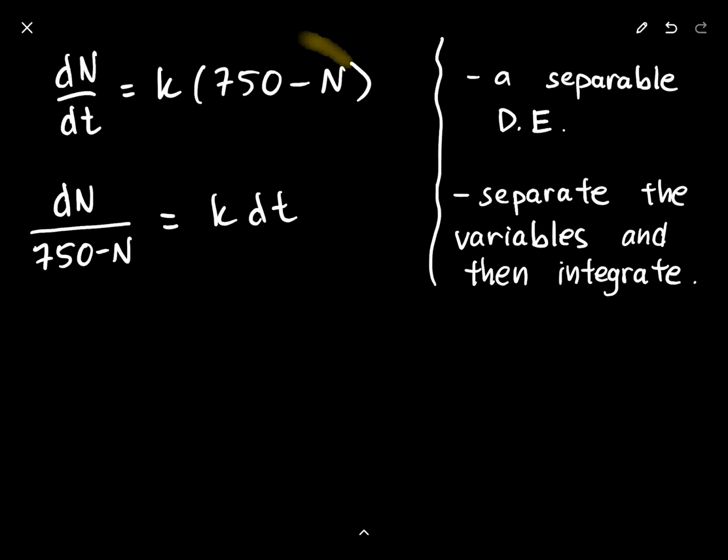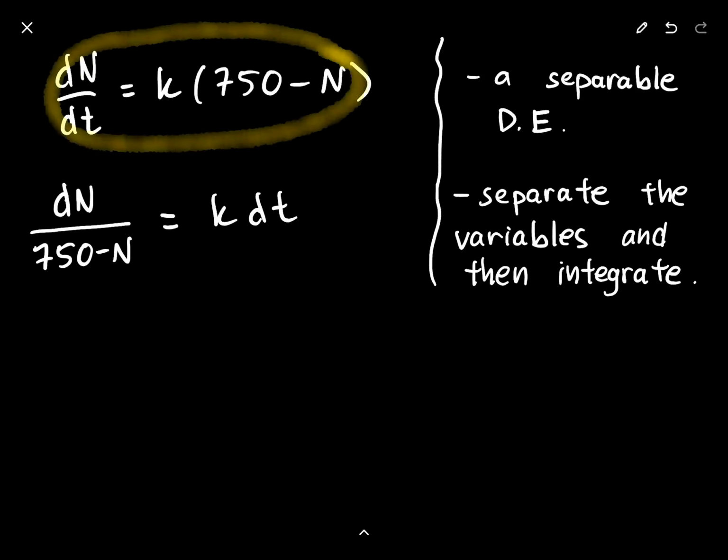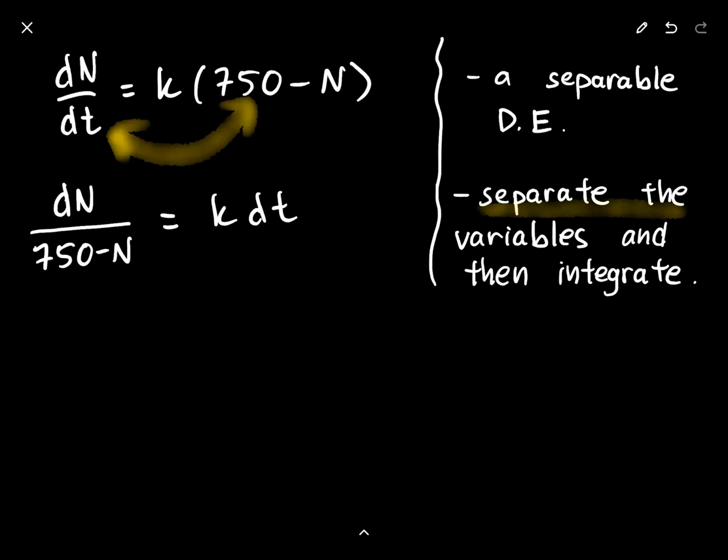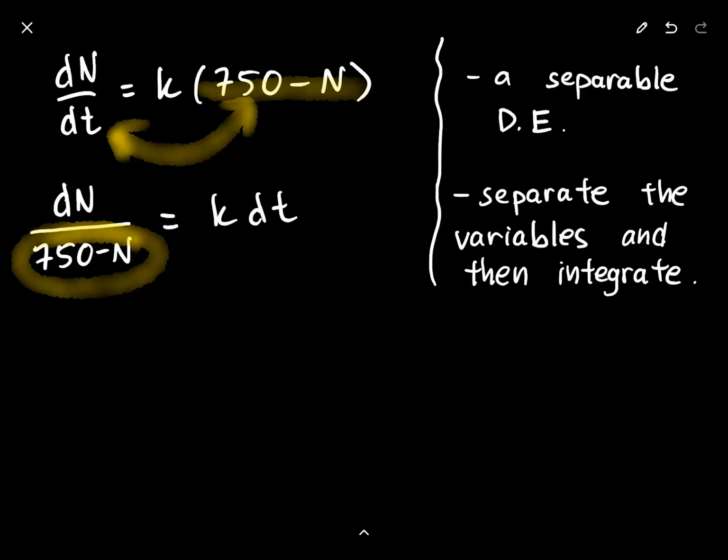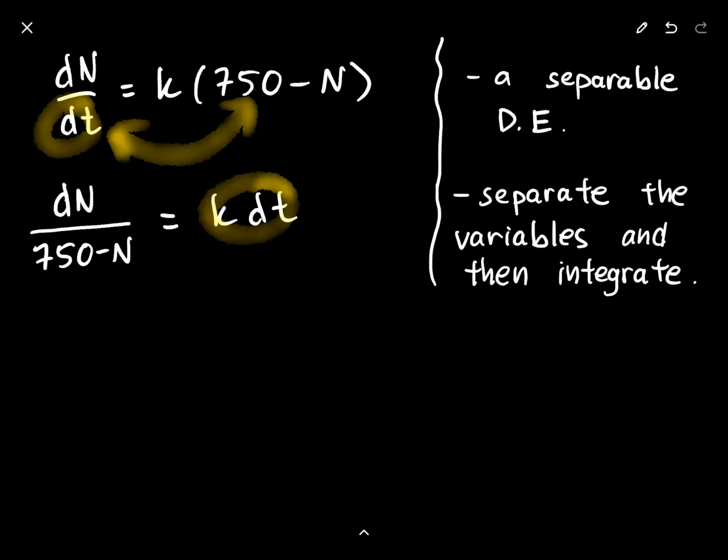To solve this separable differential equation for n, we'll separate the variables to either side of the equal sign, and then integrate both sides. So here we divided by 750 minus n on the left, and k dt on the right. Next we'll integrate both sides.